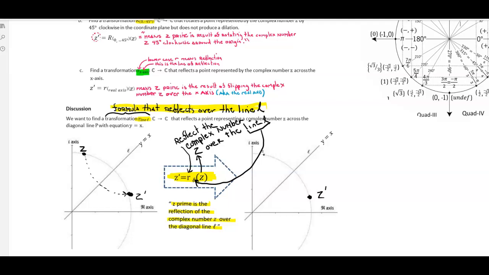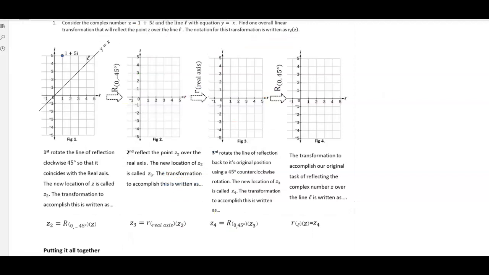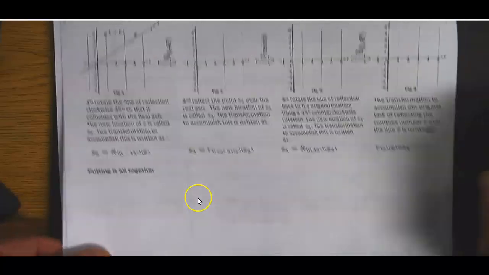Okay, so this is this point right here. This is the result of reflecting Z over the line L. Okay, so we want to take this point, let me turn this back on.